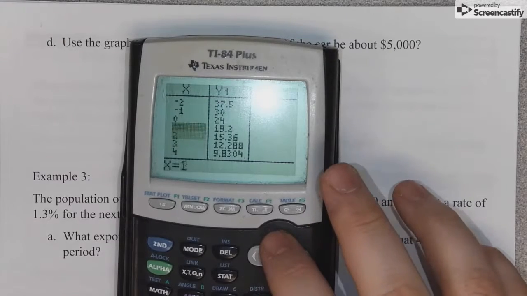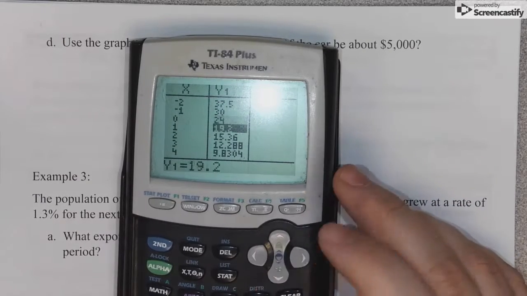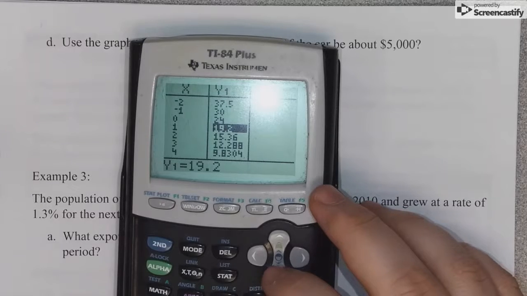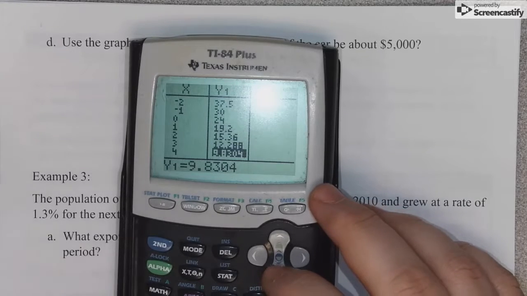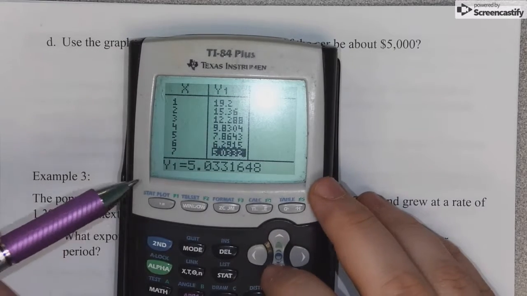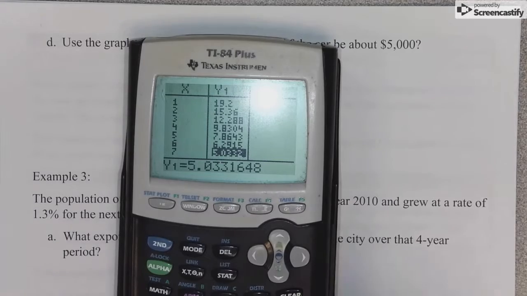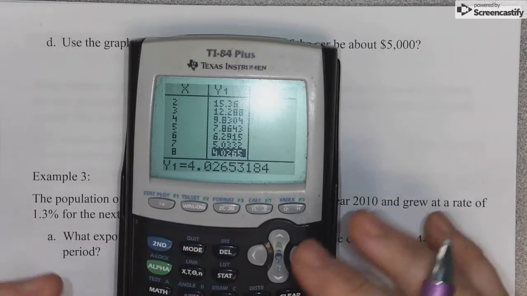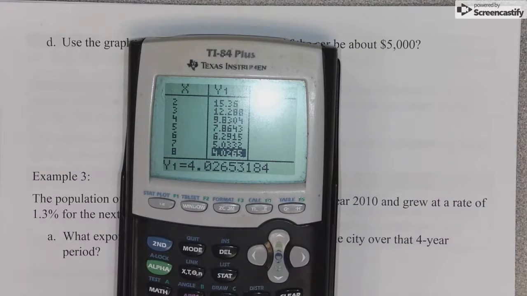So at 0, we're at $24,000. At 1, we're at $19,000. If you keep going, at 4, we're at $9,000. So we keep going until we get close to 5. It looks like at about 7 years, you get pretty close to the $5,000 mark. At 8 years, you're well below 5,000.